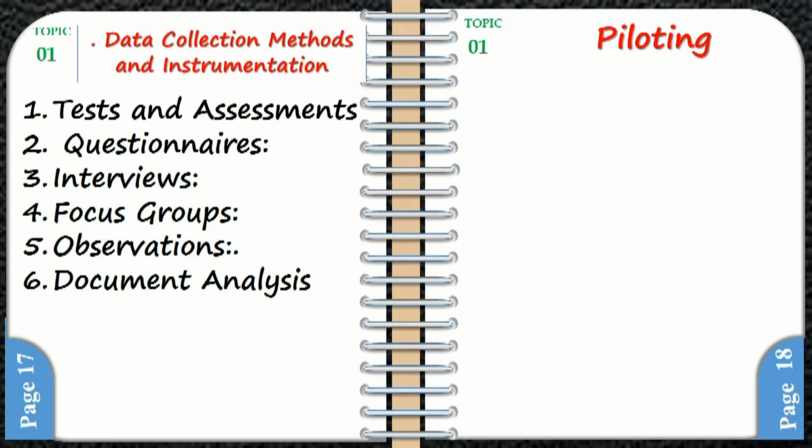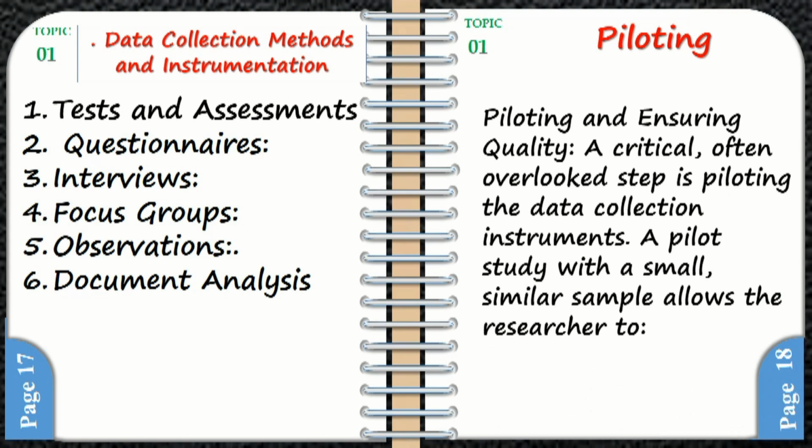It is a critical, often overlooked step in research, but this part is very important. It will help you to refine these instruments or tools, and make them up to date.